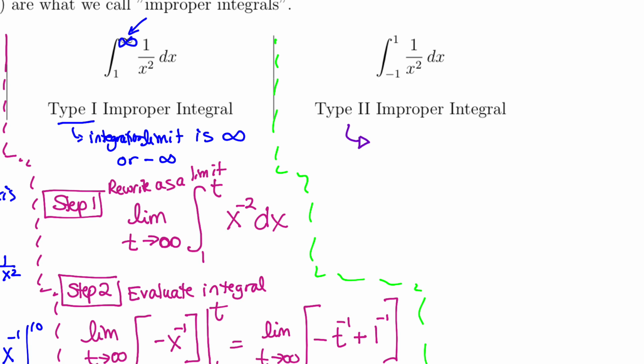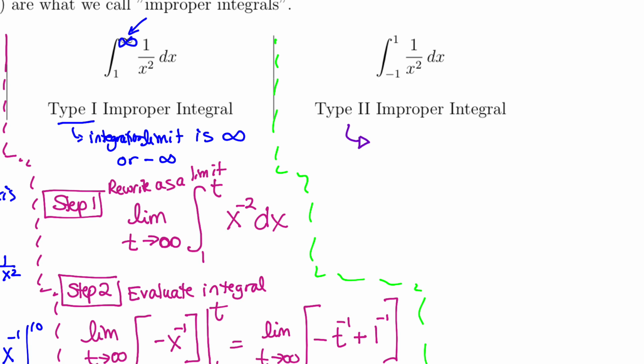But notice your integral doesn't have an infinity on it. So type 2 integrals are kind of like what you call hidden integrals. They're secret integrals that are improper because at first glance, you don't even think it's improper. But what makes it improper, guys? Why is this improper? Because we've got from negative 1 to 1, what do we have happening?